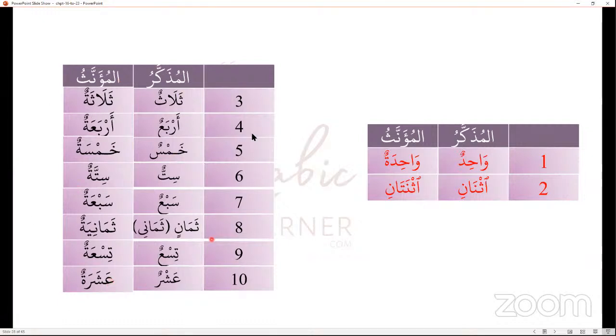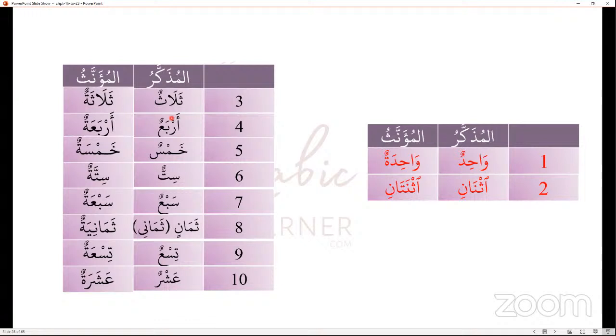Now these genders you have to know. It's necessary to know how numbers are pronounced in muzakkar and how they are pronounced in muannas. It's very important. You have to memorize this, brothers.